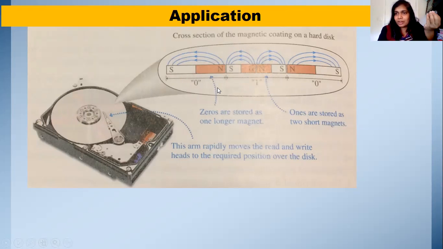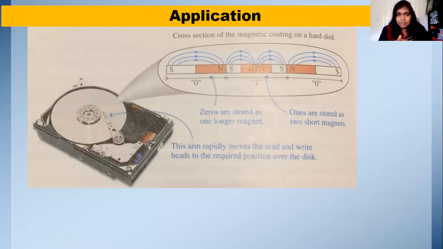Depending on what you are writing on the CD, this pattern will vary. So when you have the reader in there, this detector, the head will move along the magnet pieces and it will induce a current and read whatever the value is in there. Then it converts the current into vocal or sound waves. So inside the CD, it uses these magnetic patterns and the theory of inducing current.